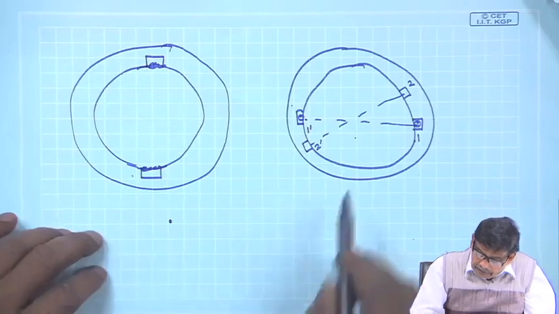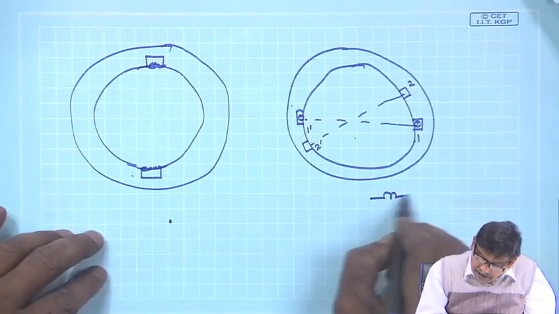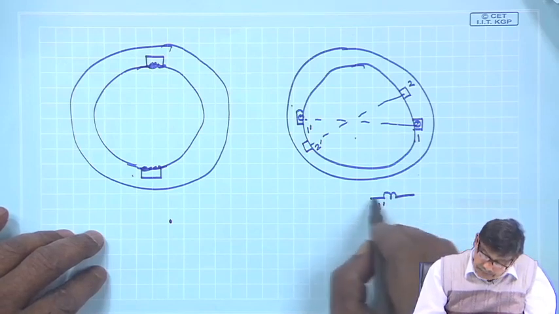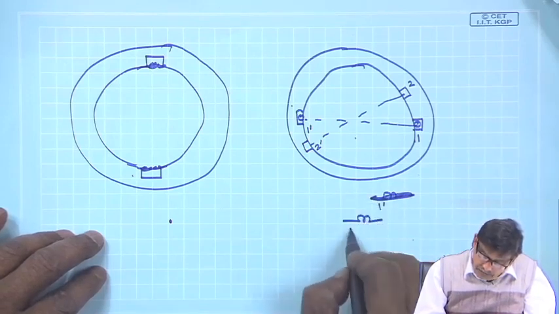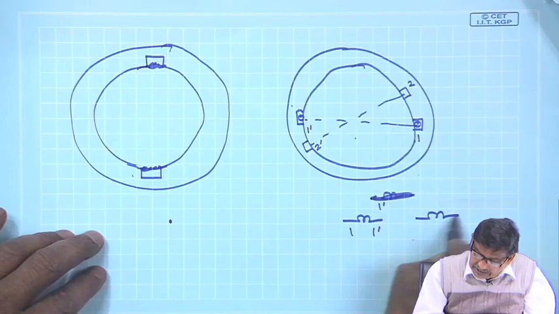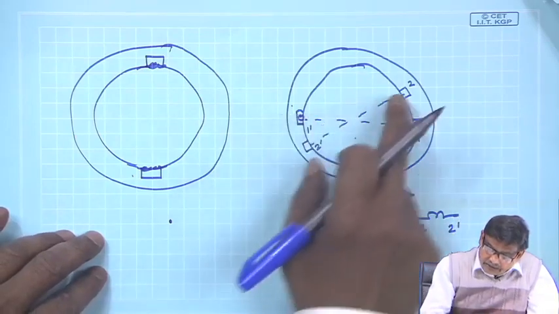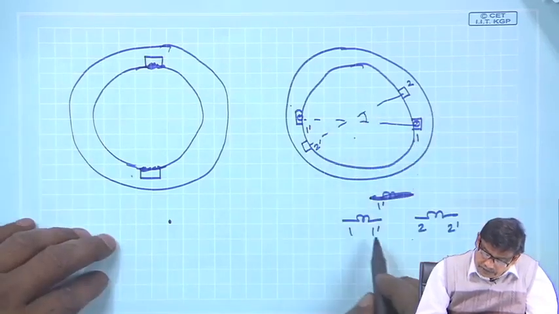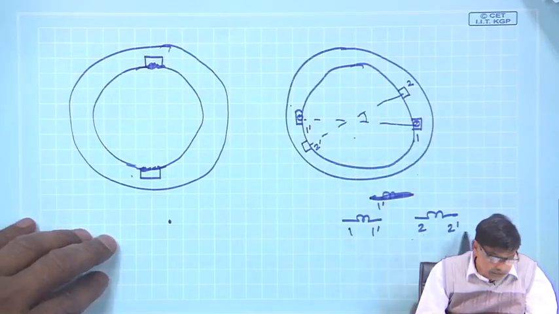I know that. Now, I will have 1 dashed, say this is 1 dashed. Electrically, 2 dashed. There are two coils separated by some angle or space, whatever it is, 1 dashed, 2 dashed.